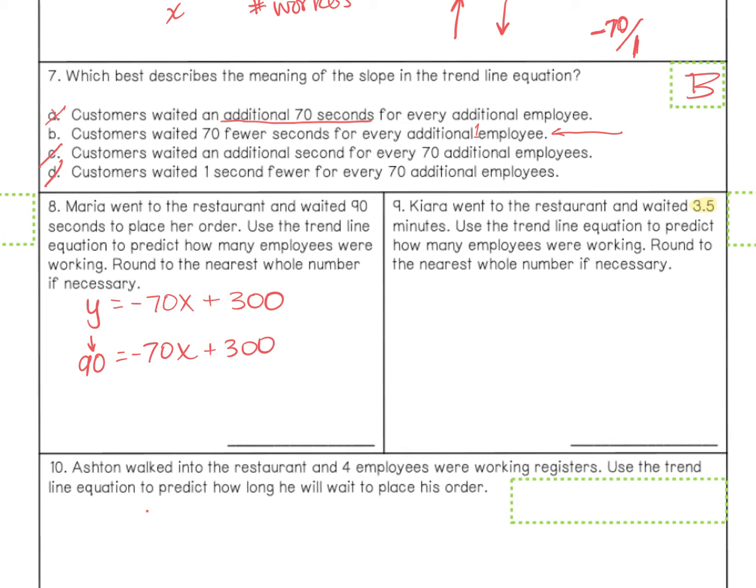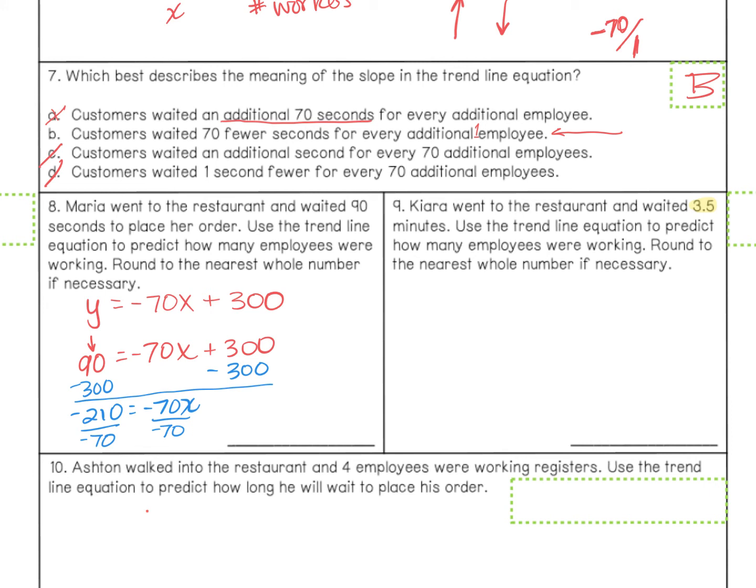So to do that, I'm going to subtract 300 from both sides. That gives me negative 210 is equal to negative 70x. And my last step is to divide both sides by negative 70 in order to isolate my variable.